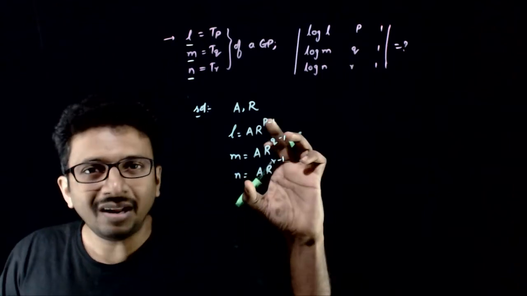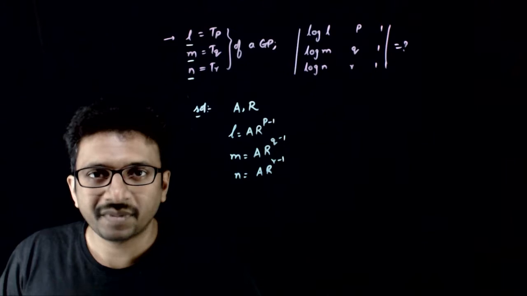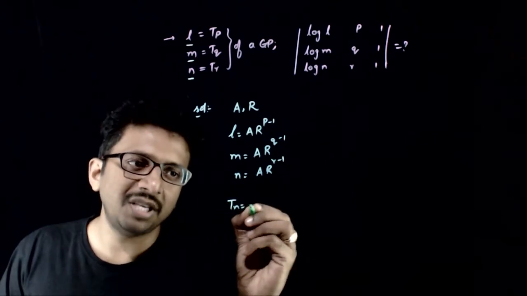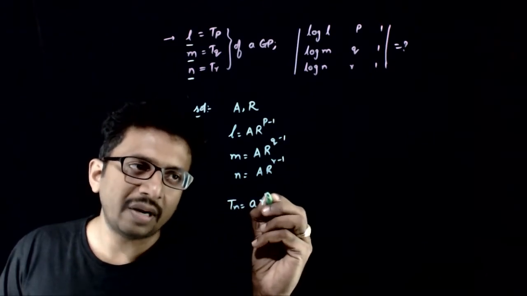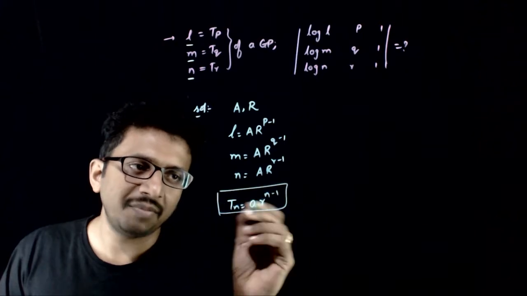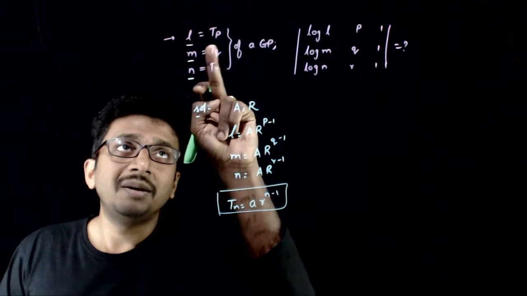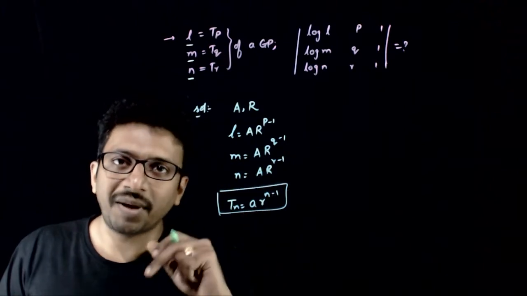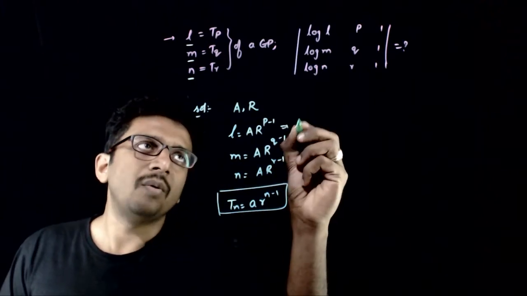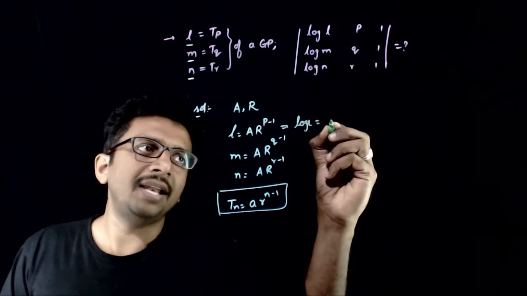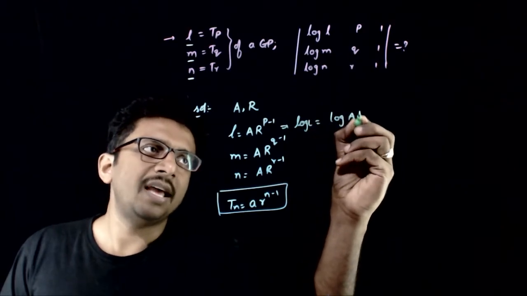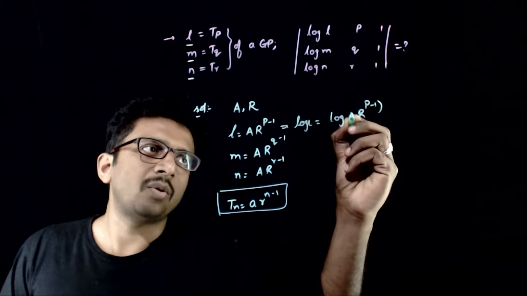This is the formula for the nth term of a GP. We know that the nth term of a GP is A into R power N minus 1, the first term into the common ratio power N minus 1. So L is the pth term, A into R power P minus 1. So what is log L? Log L is equal to log of A R power P minus 1.